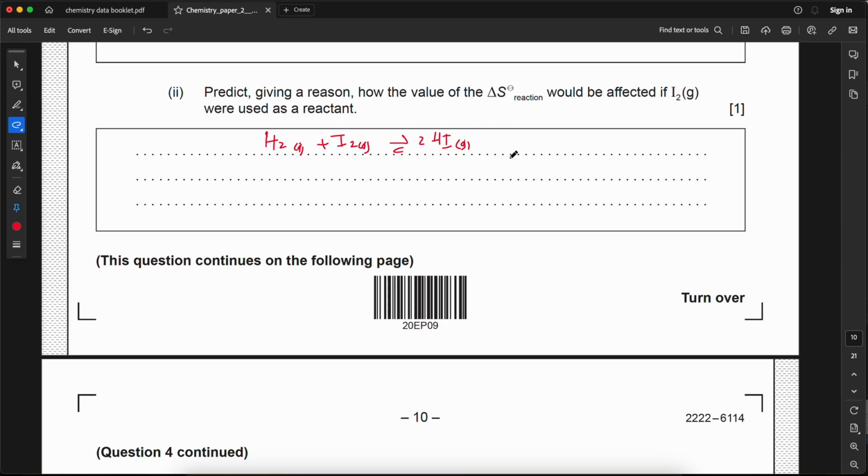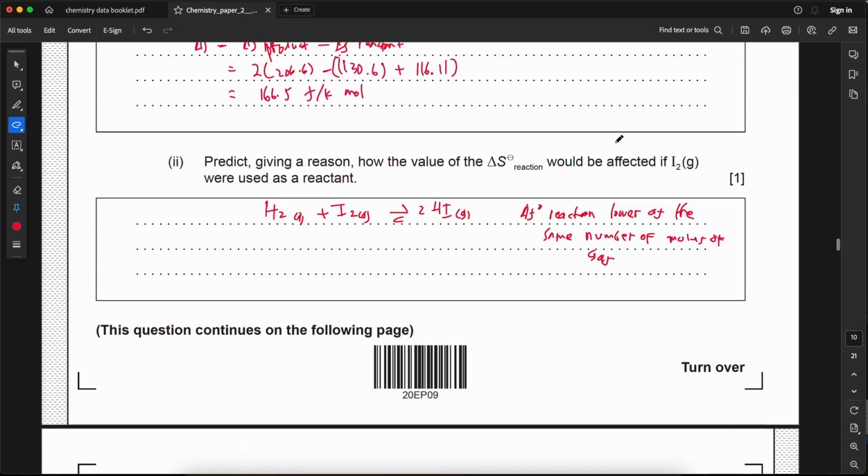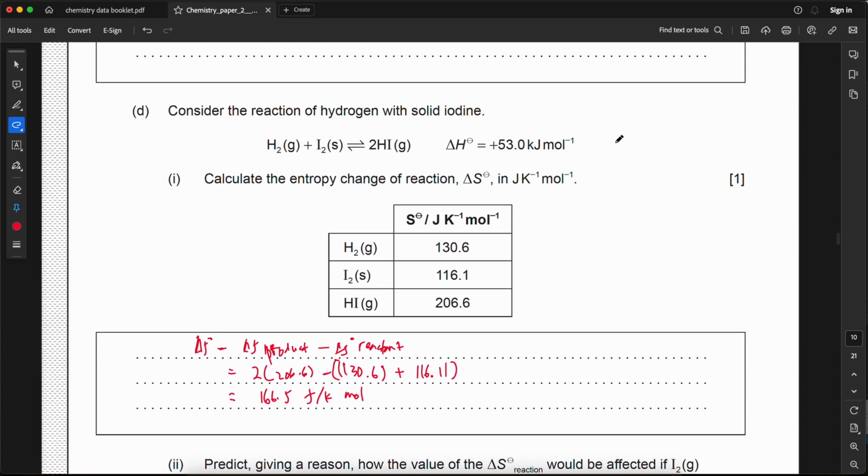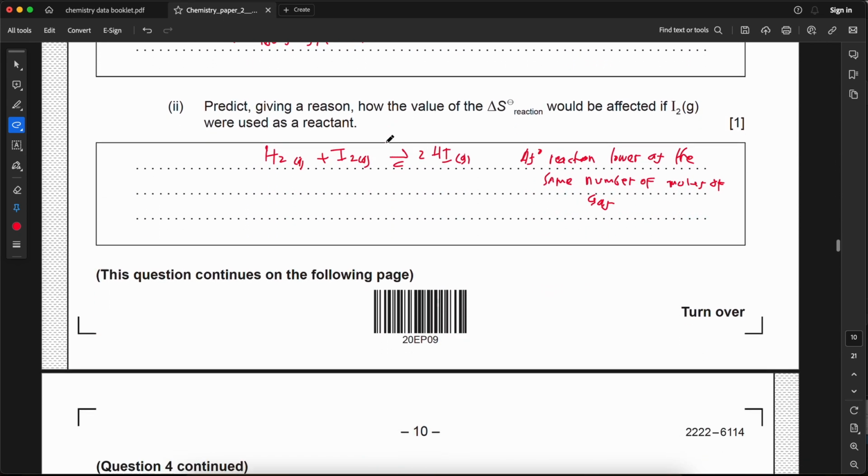It means delta S reaction is lower as the same number of moles of gas, because the first one is solid, so there is an increase in delta S, right? But when you change it to be gas, there's no increase, so delta S will decrease compared to when I2 is in solid state.